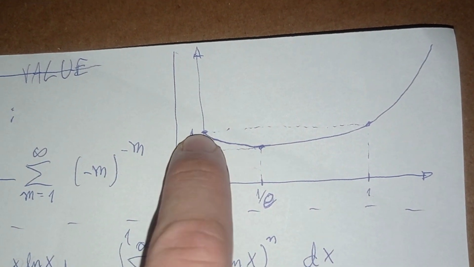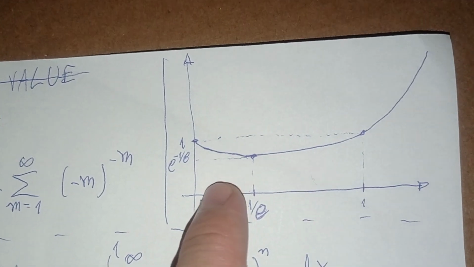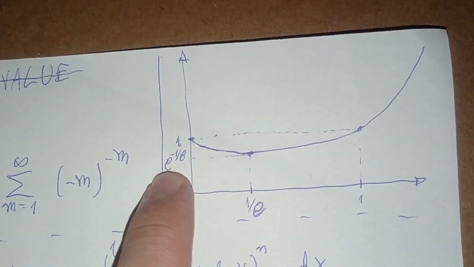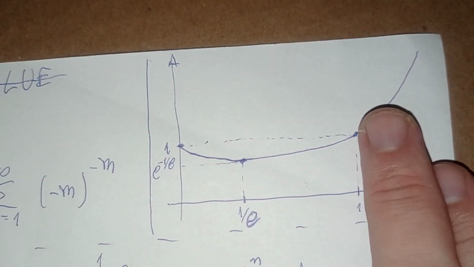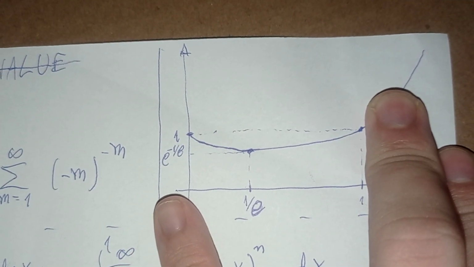This is x to x: it's 1 when x equals 0, it's 1 when x equals 1, it has a minimum at 1 divided by e, and our integral is up to this point between 0 and 1.